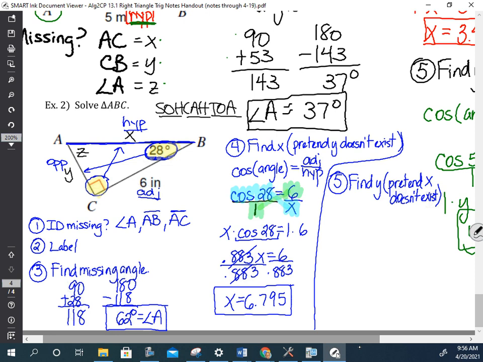You can't use whatever has an H in it. So I can't use sine, that's opposite over hypotenuse. Can't use cosine, that's adjacent over hypotenuse. So there's only one trig function that's left. What is it?